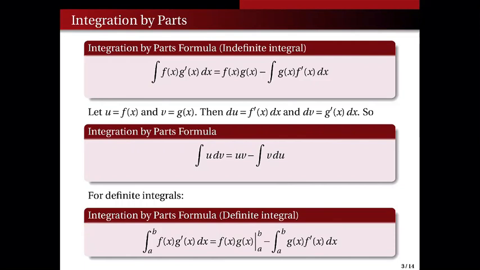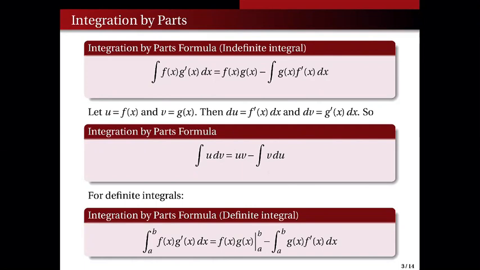So, how is this helpful to us? Look, the main goal of doing this integration by parts is to provide new integrals that will be easier to evaluate. You might ask, sir, on the left-hand side you have an integral, and on the right-hand side you have another integral.